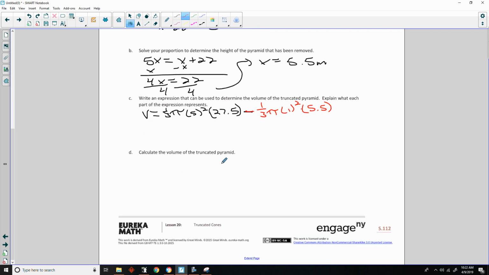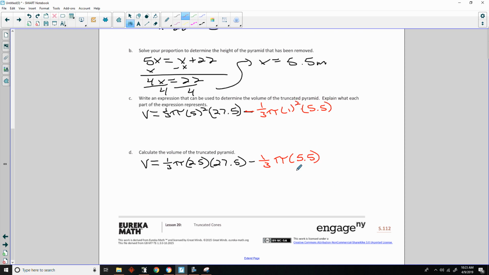Now it says to calculate it. Okay, so rather than rewriting this, I'll just simplify it starting down here. Volume equals 1/3 pi 25, 5 squared, times 27.5, minus 1/3 pi, 1 squared is 1, so that's 5.5. Okay?